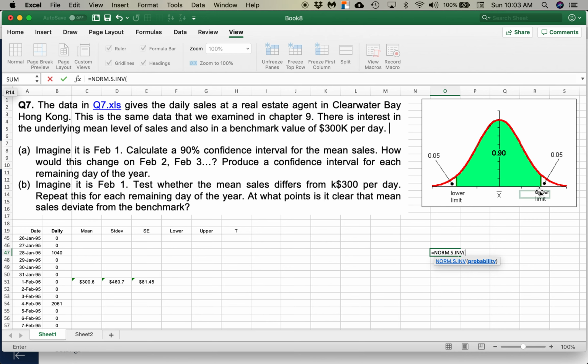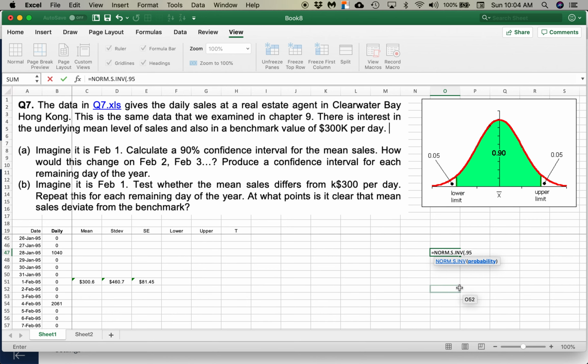So if we want to find the value right here that leaves 5% in the right tail, we actually have to put in 0.95, which will include this 5% that's in the left tail, and then by symmetry we can use the negative value over here.